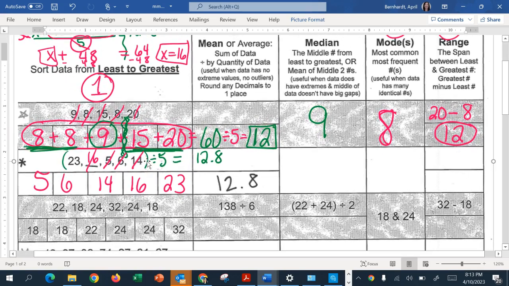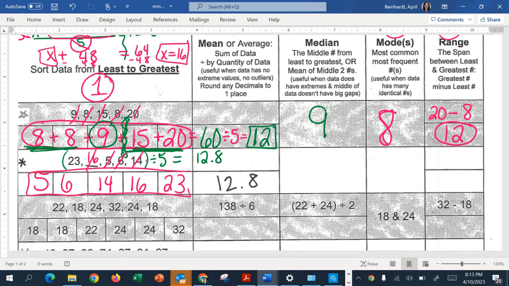Are there any numbers in this data set that occur more than the rest? Nope. So there is no mode, which happens. Then I go to the range. I'm going to take my maximum data value minus my minimum. 23 minus 5 is 18. So the range between the smallest number and the biggest number is 18.